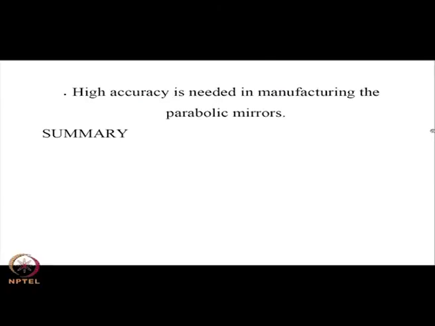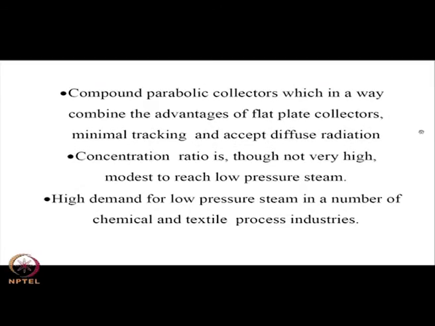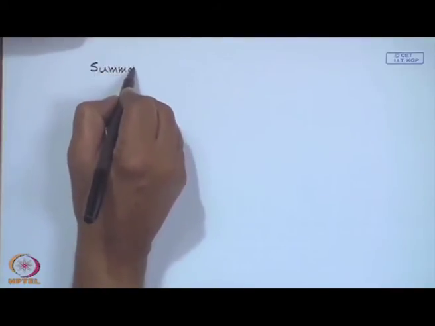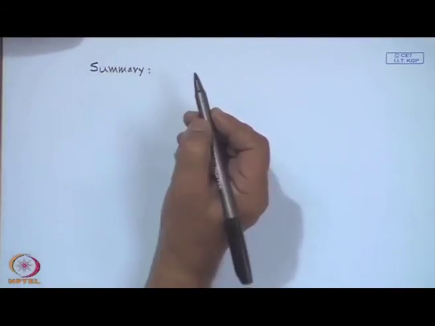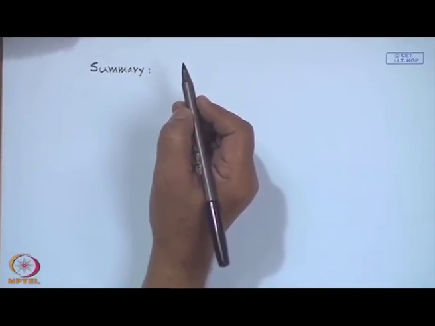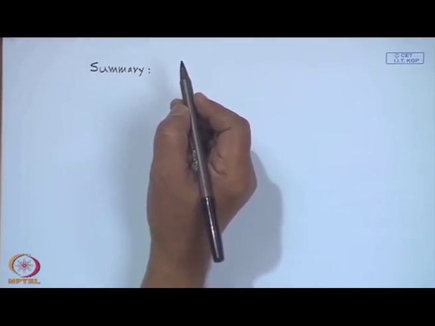First, we considered the several modes of tracking, and then the theory of a concentrating collector through a parabolic concentrator, and then to avoid the disadvantages of a concentrating collector, to combine the advantages of a flat plate collector, a suggestion by Professor Winston had been compound parabolic collectors, which are also commercially successful, and they are parts of two parabolas.